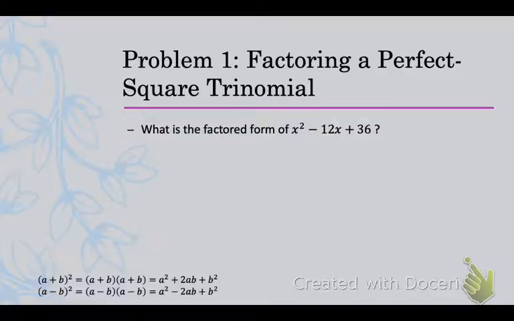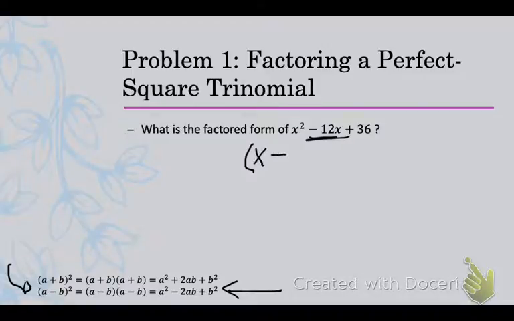If I look down here, I'm going to look at the second one, because that has the minus 2ab, and this is a minus 12x. So all I have to do is make it look like (a minus b) squared. The square root of x squared is x, so I'm just going to put x minus.